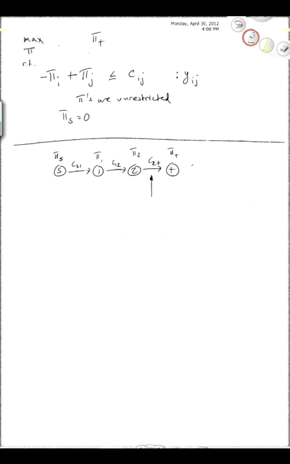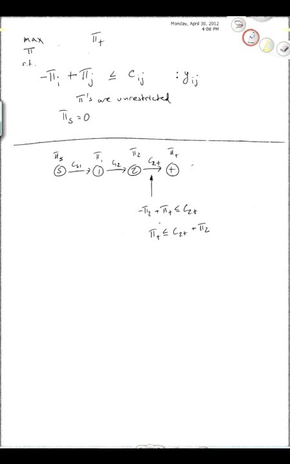So let's write down what the constraint looks like: minus pi 2 plus pi t less than or equal to c2t. That's the constraint that comes out of that edge. Or rewriting it, pi t is less than or equal to c2t plus pi 2.